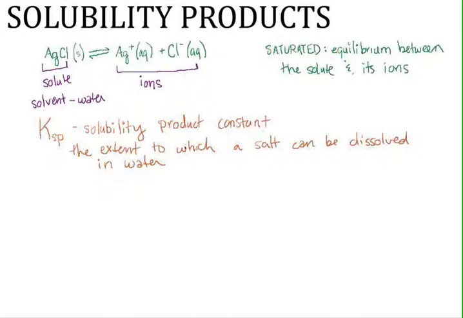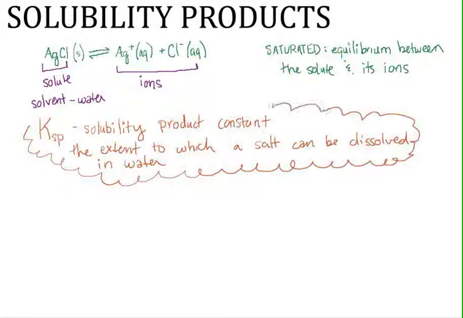And again, all it is essentially just somebody kept dumping silver chloride or whatever into water until they found that exact tipping point where the solution became concentrated and where we sort of reached our saturated point, at which the solute and the ions were in perfect equilibrium, right?